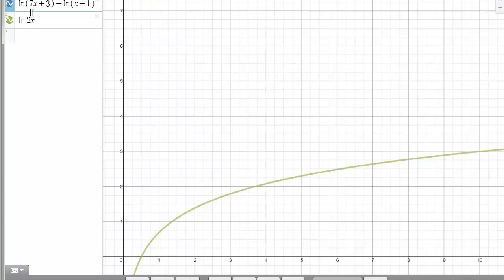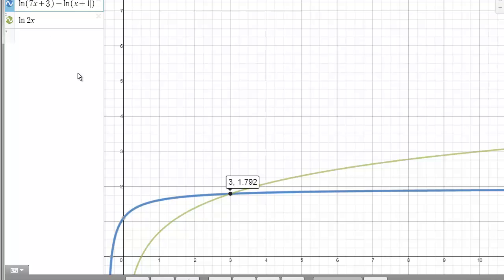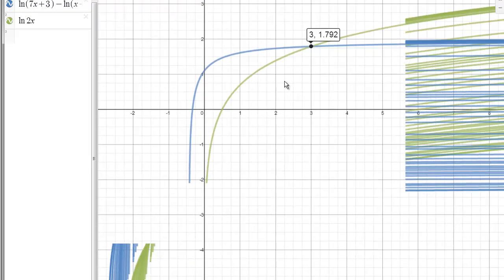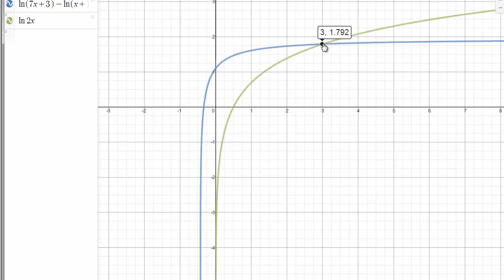Now, there's one of our points of intersection at 3, so that's good.